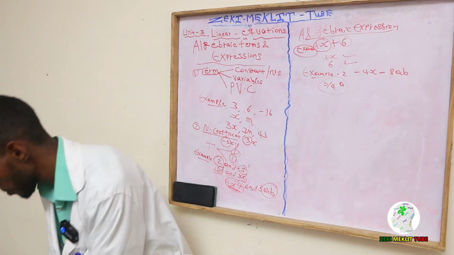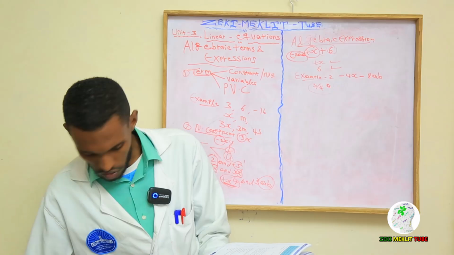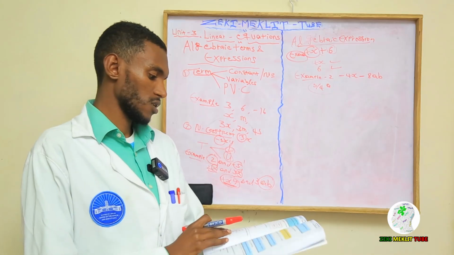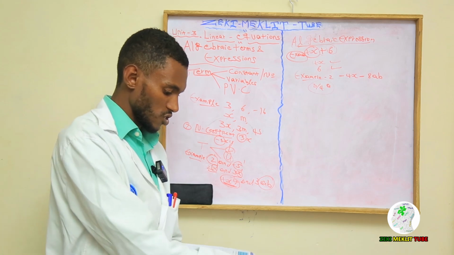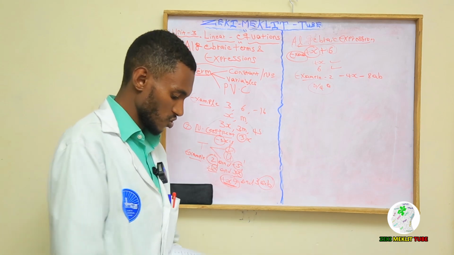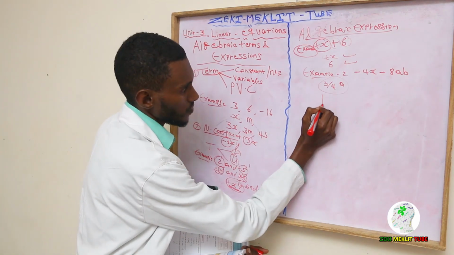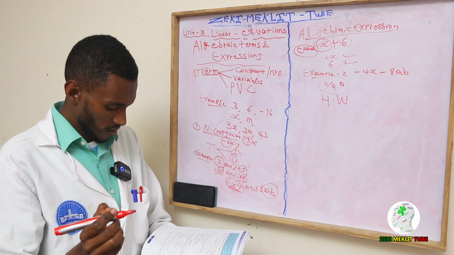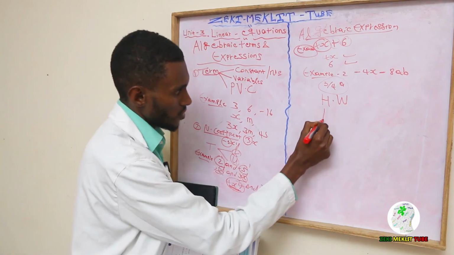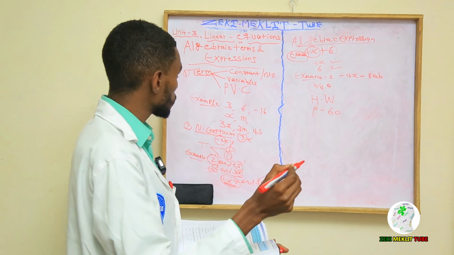As introduction, if we have seen these terms, it's enough, so let me give you homework. As usual, I will give you homework. Yeah? So let's give you page 60 homework, which is related to this lesson.